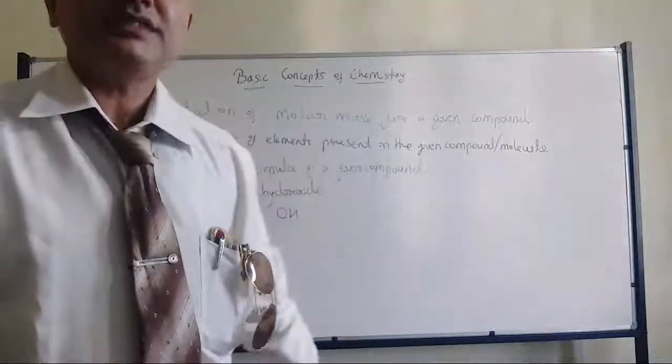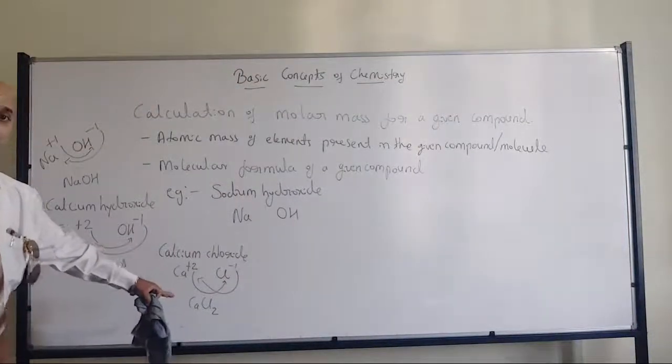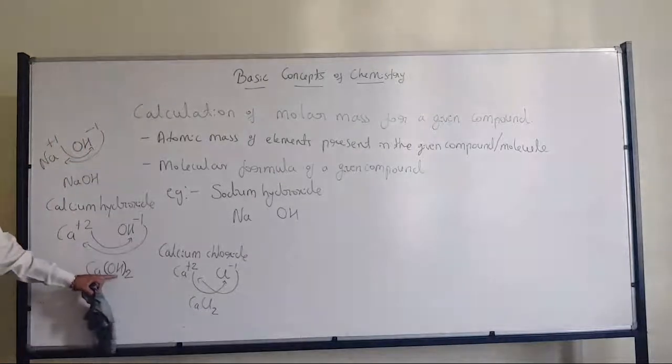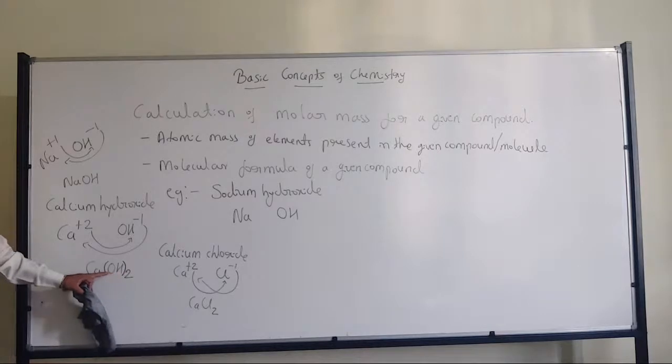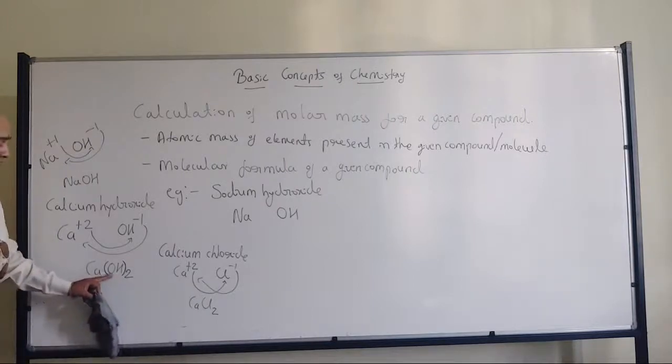Shubhangi, that's what I was telling. No requirement of using the bracket here because there is a single element. But if I don't use the bracket over here, it looks like calcium is 1, hydrogen is 2. That is not the reality. OH is 2. Therefore, I have to use the bracket because two different elements are present.